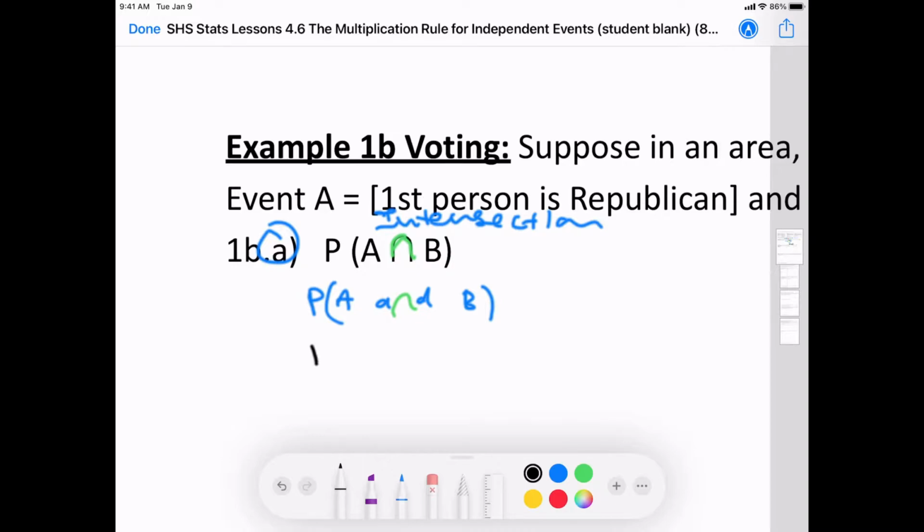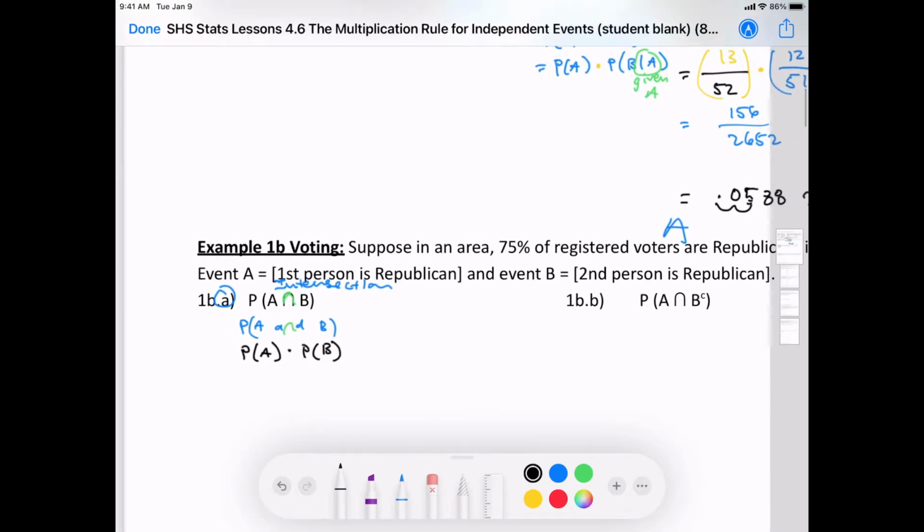So this would be the probability of A times the probability of B. Well, getting a Republican is 0.75, and also getting a Republican over here is 0.75.